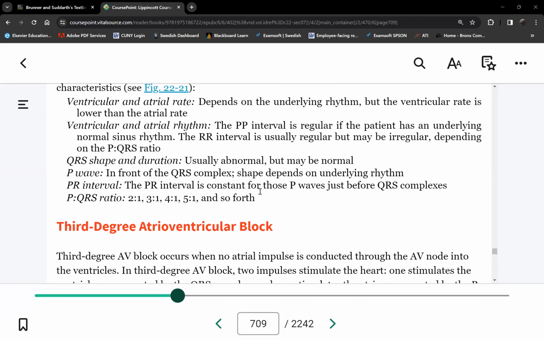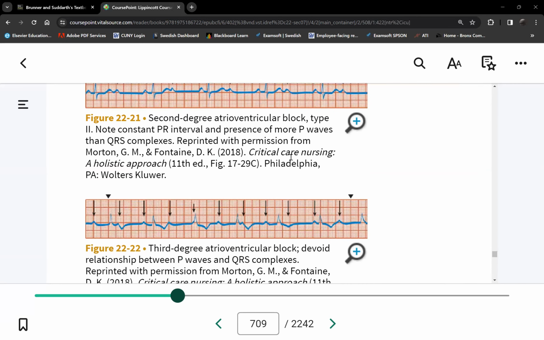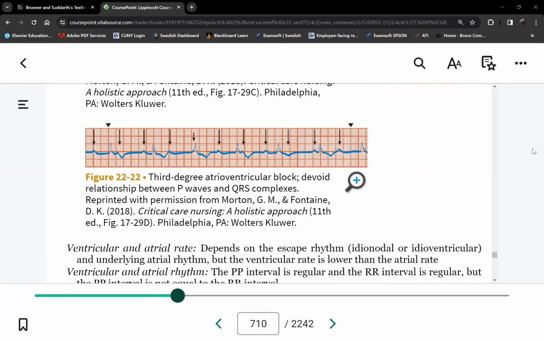Here, second degree type 2, I'm missing multiple dinner dates. And in complete heart block, are we still together? No. We call it quits. So Faith has had enough, broke up with me. So I'm doing my own thing. I'm the P wave. She's the R wave. So are we communicating at all? No, I'm doing my own thing. She's doing her own thing.